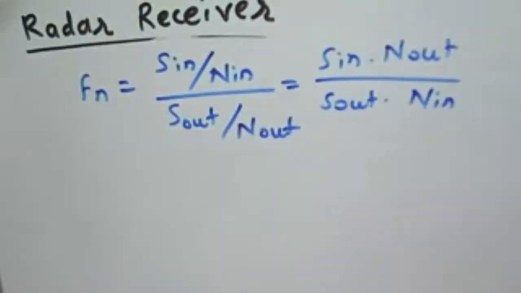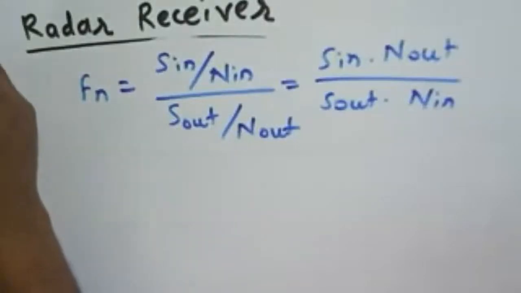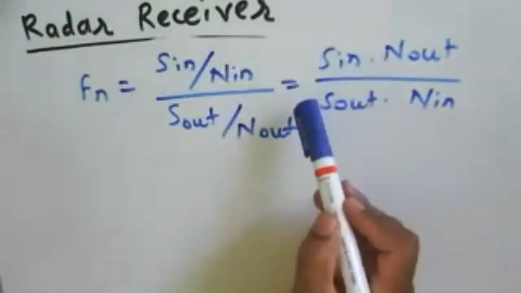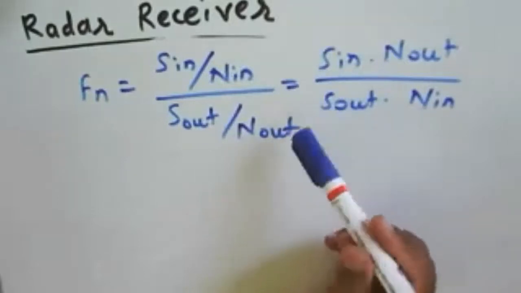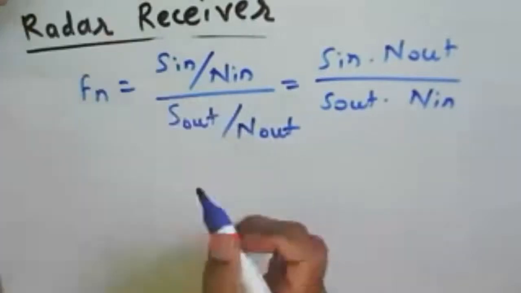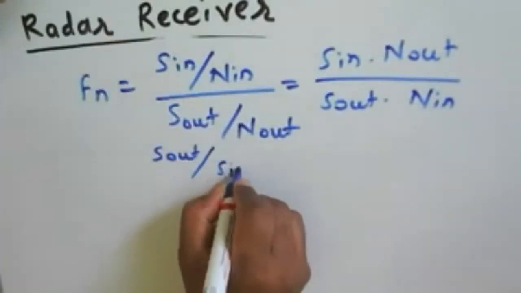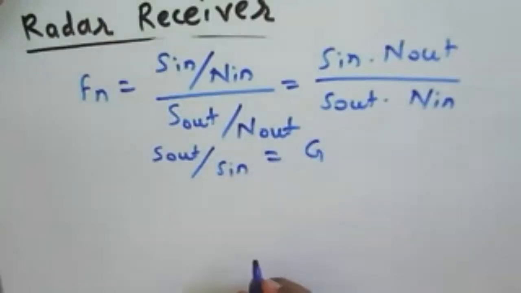And the factor to consider is the power, signal power output and input ratio, that is nothing but the available gain. So we can say S out by S in is equal to the available gain.